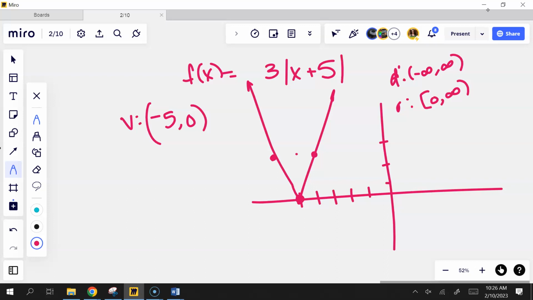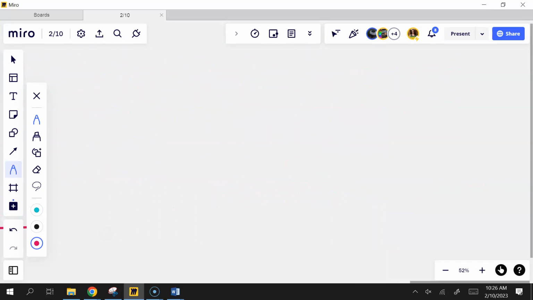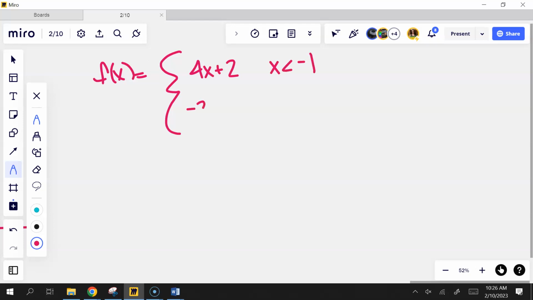And let me show you how we're going to do this a little bit differently. This is number 7. Y'all should be getting to be pros at piecewise. Do it like we've been doing.